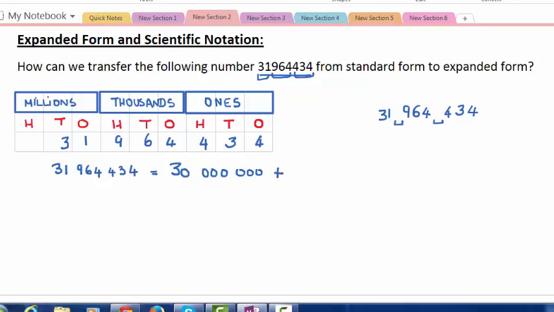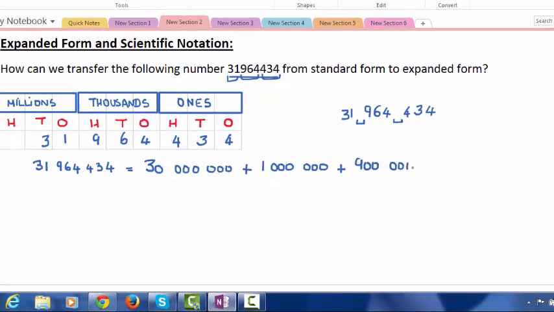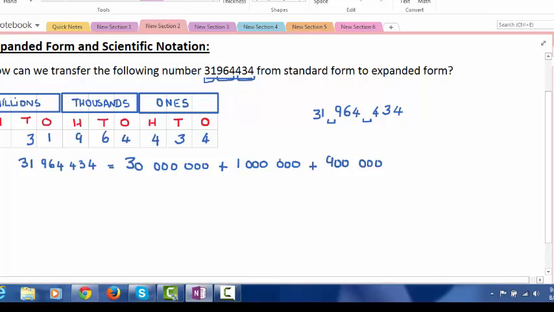Plus, I have 1 million. Again I respect the space and make groups of 3 digits, because now we understand how we can read easily this way. Plus, I see the 9 under 100,000, so 900,000. Again, you take the number and transfer everything else to zeros.